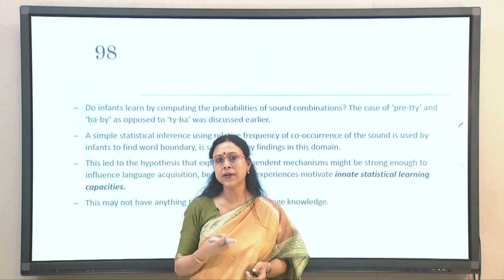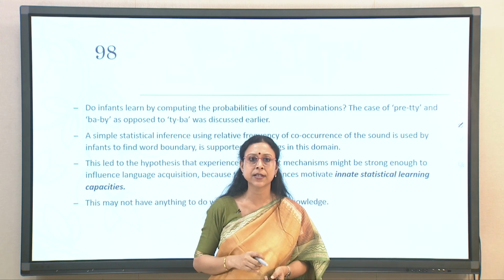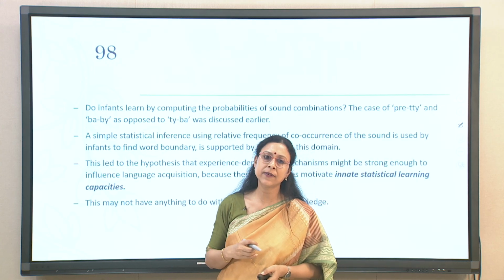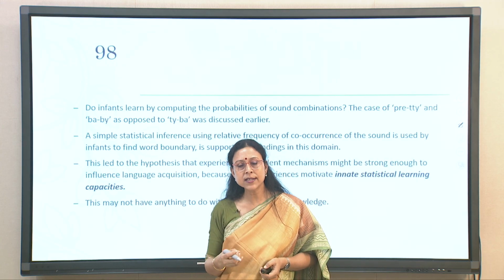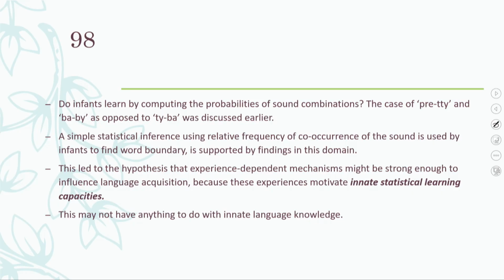If the children figure this out, they will be able to segment the speech. So, a simple statistical inference using the relative frequency of co-occurrence of the sounds is used by infants to find the word boundaries. That is the idea proposed by the statistical learning hypothesis.